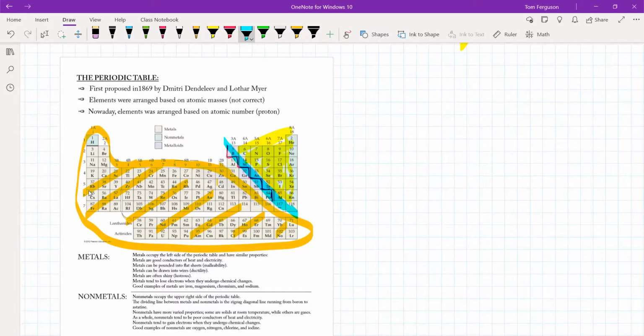There are three basic parts of the periodic table: metals, non-metals.